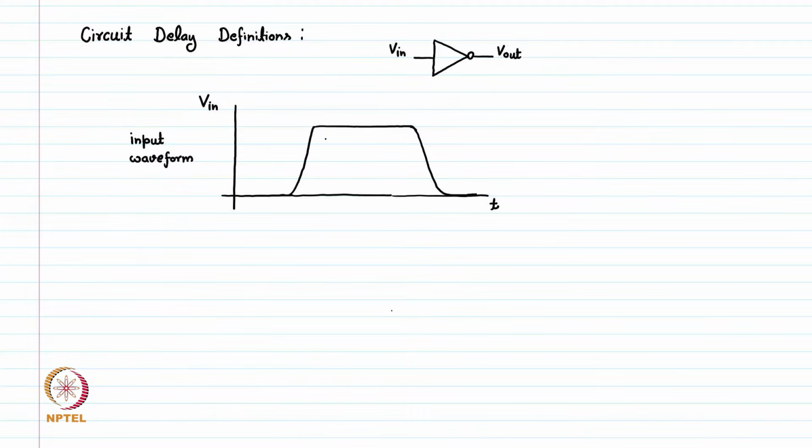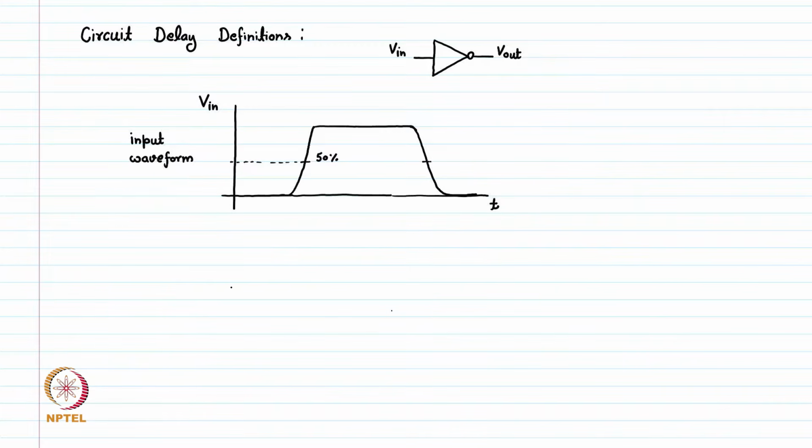So this is a single pulse which we are applying on the input of the inverter, and this is your midpoint, 50% of the final value, and this is your midpoint during the fall.